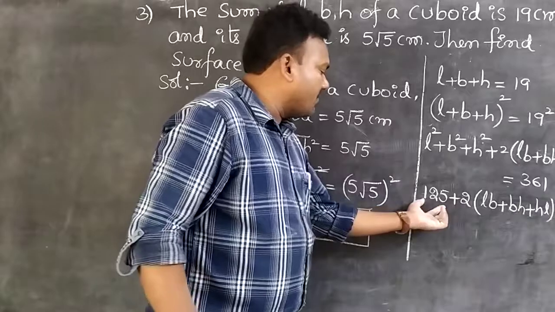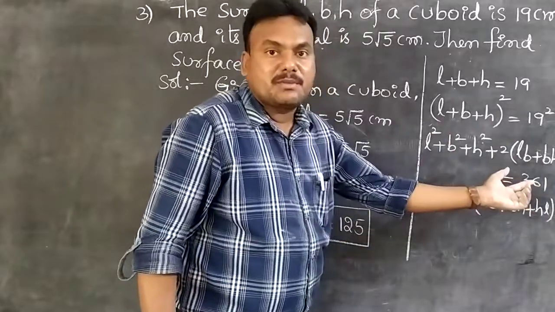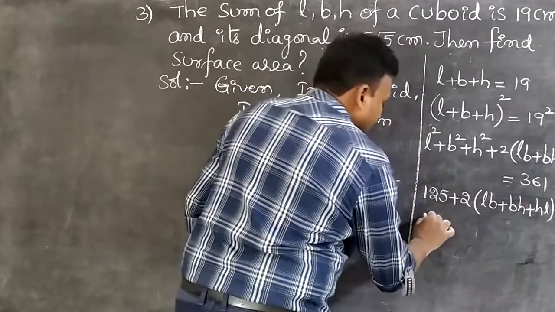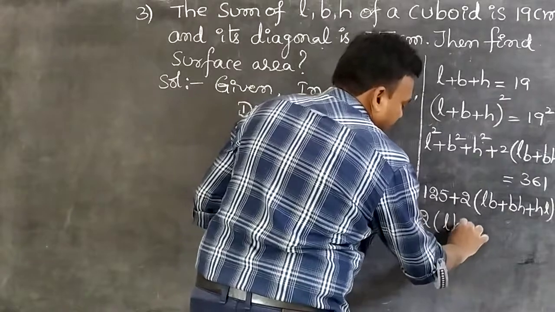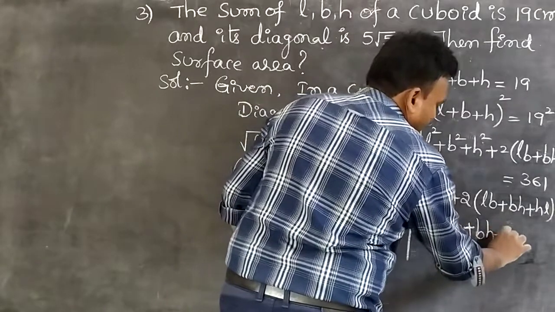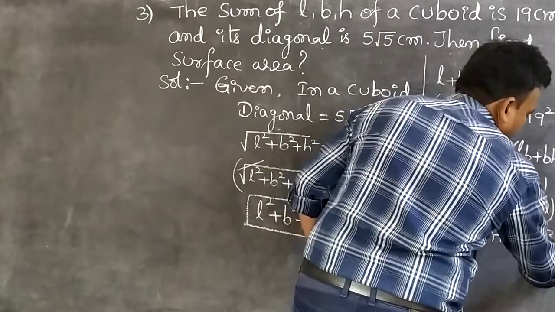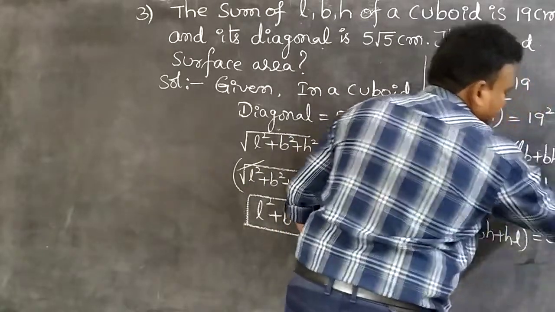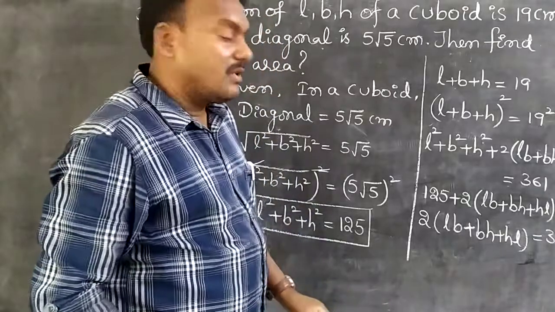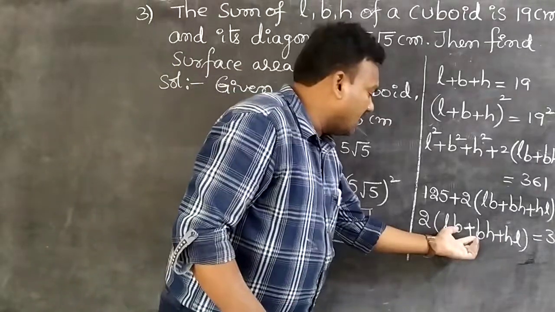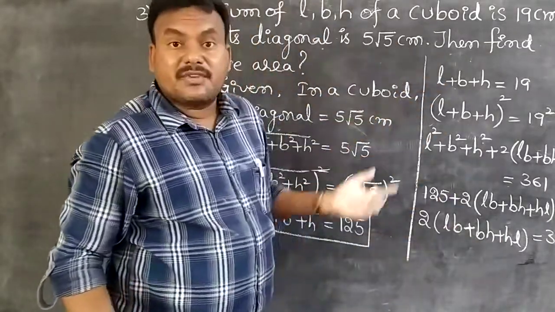Plus 125 transferred to the right side becomes minus. Finally, 2 of (LB plus BH plus HL) equal to 361 minus 125. This value is equal to the total surface area.